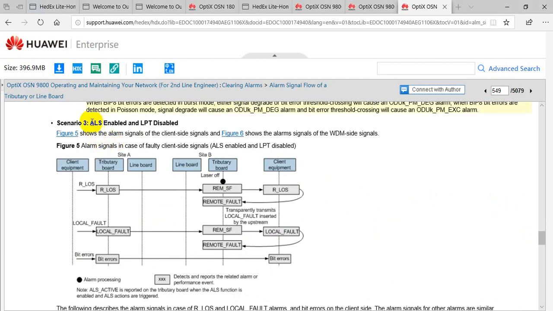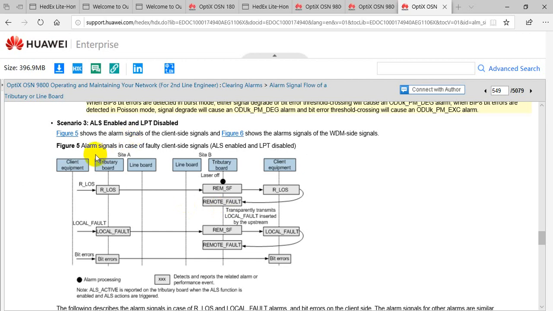The third scenario is just having ALS enabled, LPT disabled. So if there is a problem between the client and site A, there will be a remote SF alarm, the laser will go off, there will be R loss, and the remote fault will come back to the tributary board.